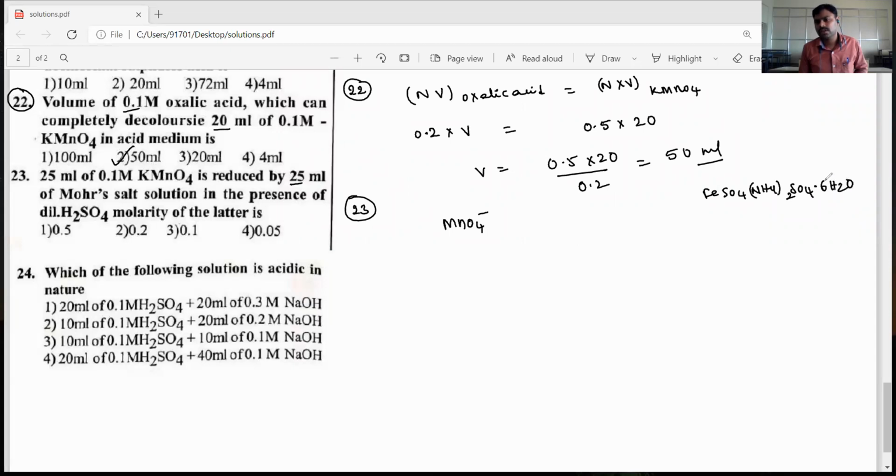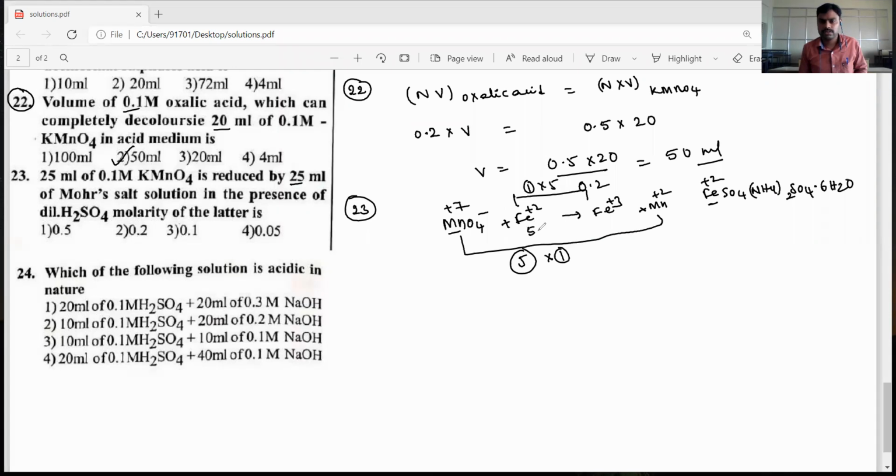Its ionic form is iron +2, so iron +2 is converted into iron +3, and Mn+7 is converted into Mn+2. The change in oxidation states is 5 for Mn and 1 for iron, so we multiply accordingly: 5 moles and 1 mole.